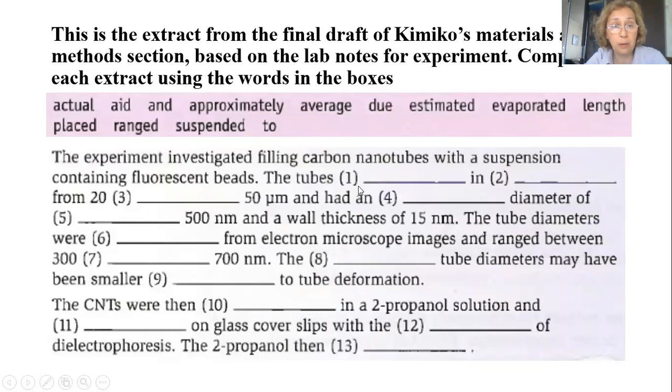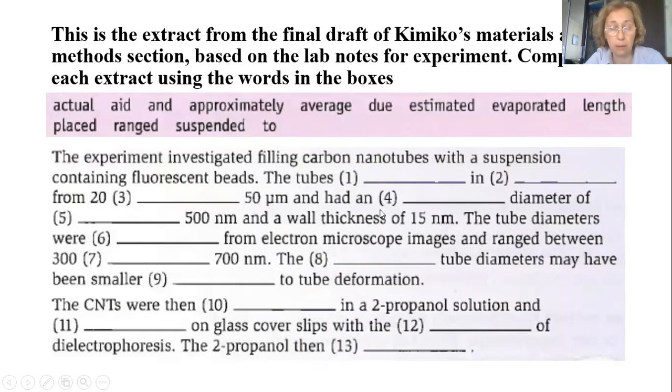The tubes ranged in. Yes, ranged in, по длине. Number two, классифицируется по длине. Ranged in, где длина у нас? Length. Yes, from 20 to 50 millimeters.